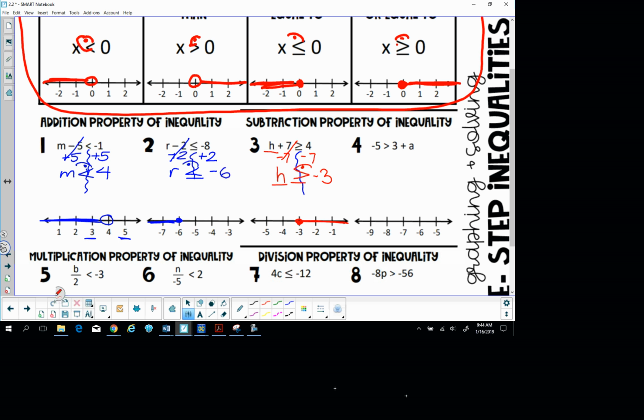So draw your river. And if you need to rewrite it so it looks better, you can always rewrite it like this. So if it's messing with you, you can do a plus 3 and then -5 over here. Which one is it the mouth eating, -5 or the a plus 3? Right here.